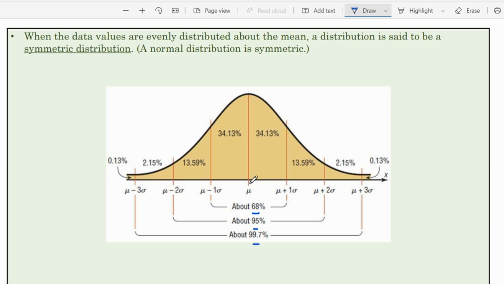Notice that we have the mean in the center, and here's 1 standard deviation for the 68%, 2 for the 95%, and 3 standard deviations for 99.7. It's okay that if you add 34.13 and 34.13, you get 68.26%. Again, that's why it says about down at the bottom, in case you're thinking about adding up those numbers.